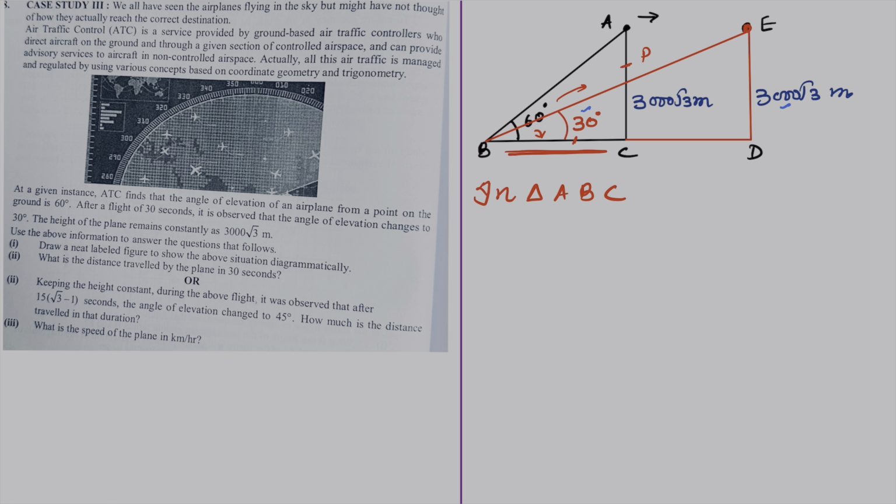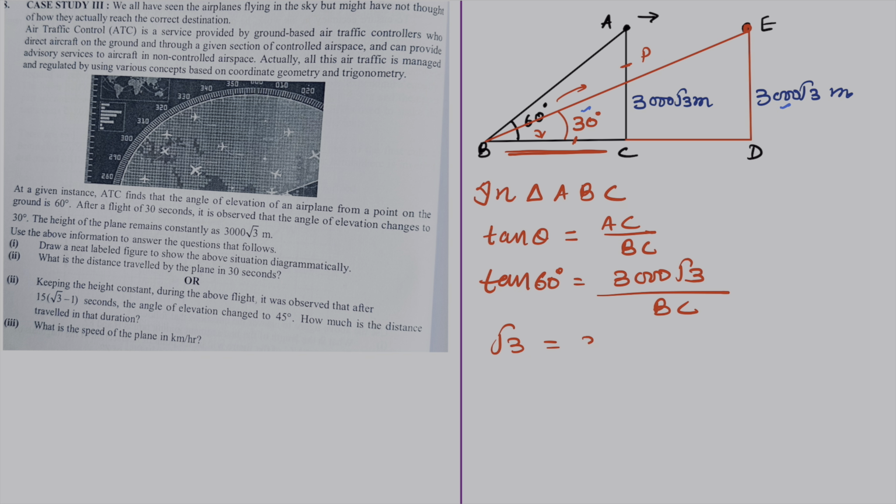Okay, now in triangle ABC we will use tan theta. Tan theta involves the sides P and B, so tan theta is equal to AC by BC. Now theta is 60 degrees, so tan 60 is equal to 3000 root 3 upon BC. Tan 60 is root 3, so root 3 equals 3000 root 3 by BC. From here we get BC is equal to 3000 meters.